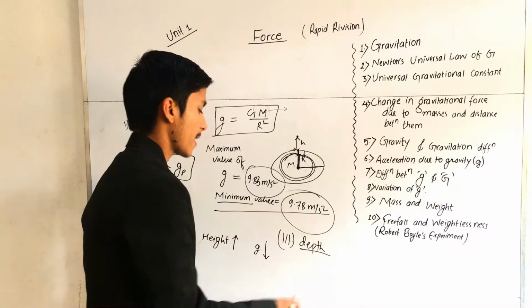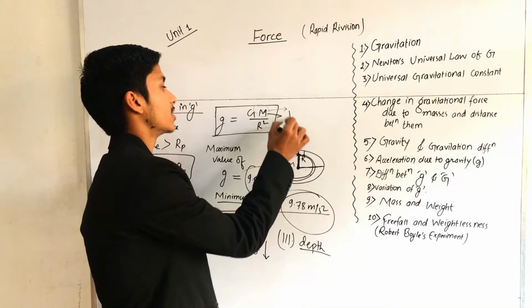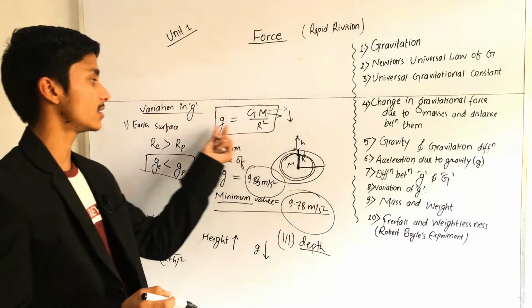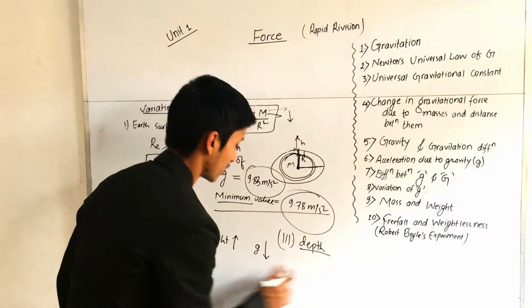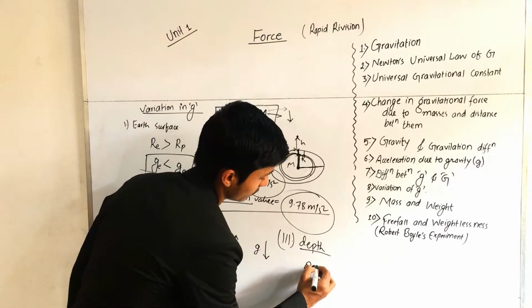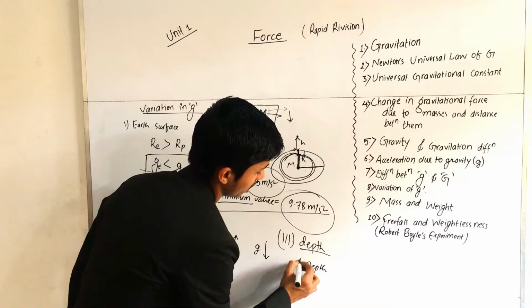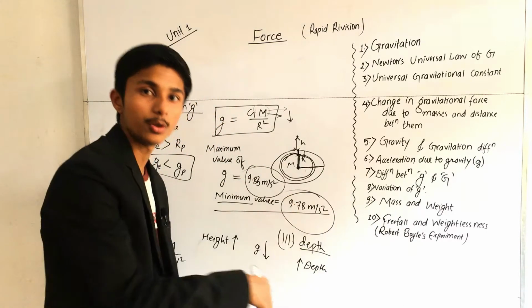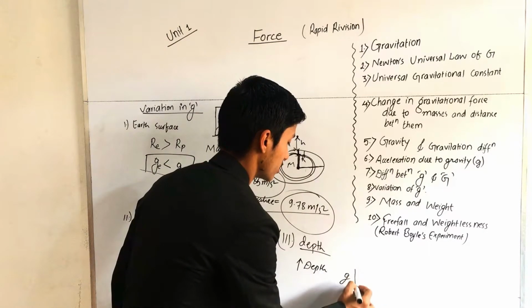It means acceleration due to gravity gets decreased when mass gets decreased. So we can write here, with depth, when depth increases, meaning when we go below the earth's surface, the acceleration due to gravity gets decreased.